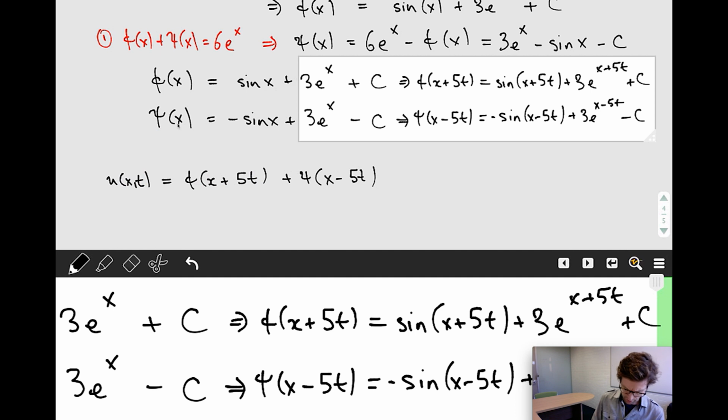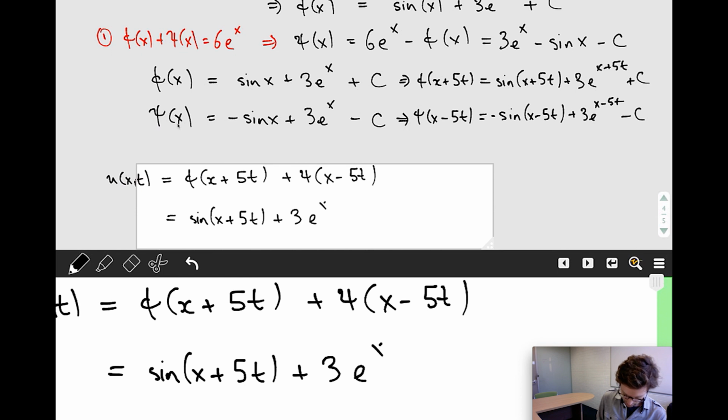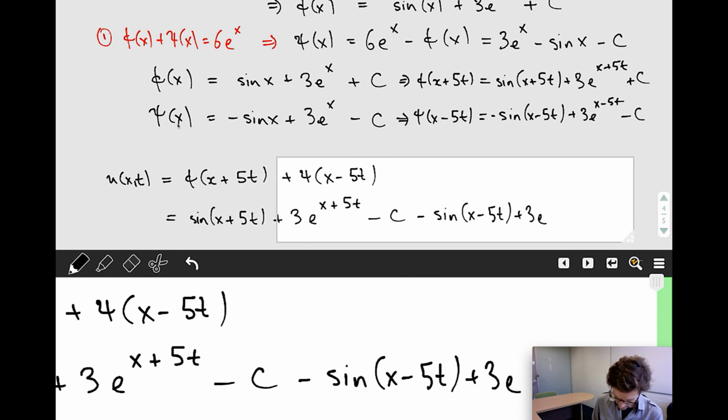So now I'm ready to substitute these in to find D'Alembert's solution. Phi was sine of x plus 5t plus 3e to the x plus 5t plus c. And psi was minus sine of x minus 5t plus 3e to the x minus 5t minus c.